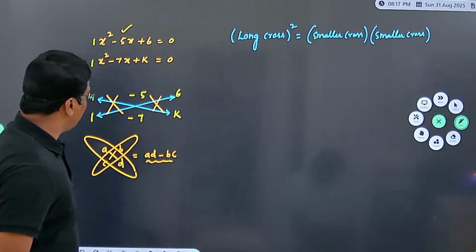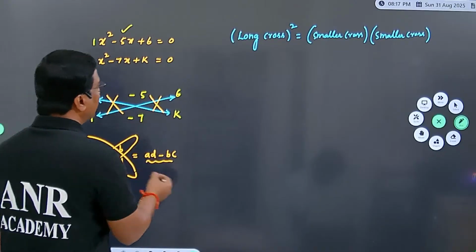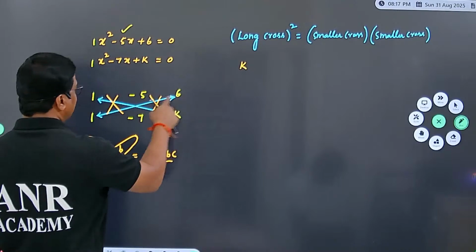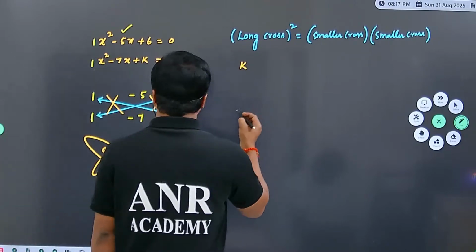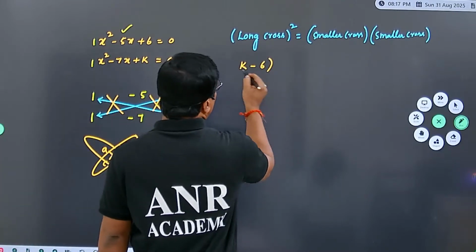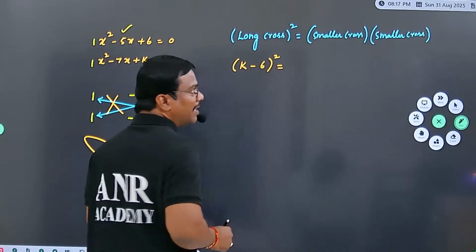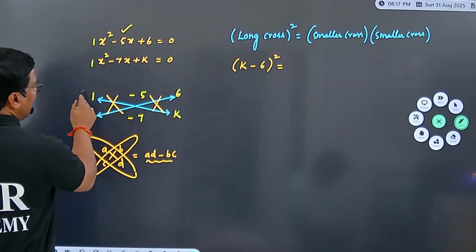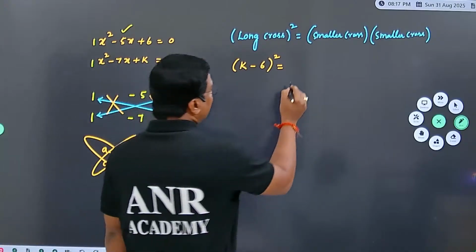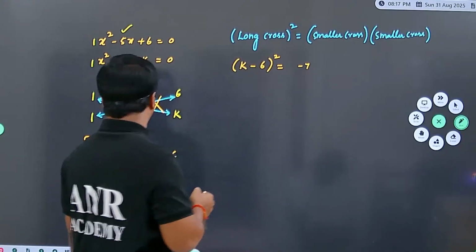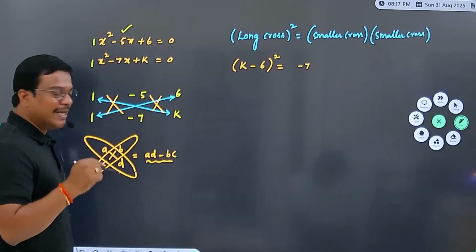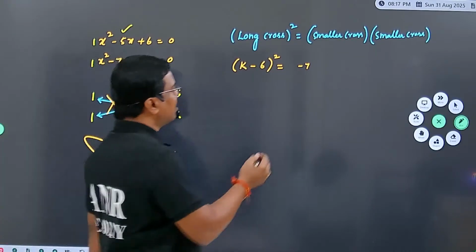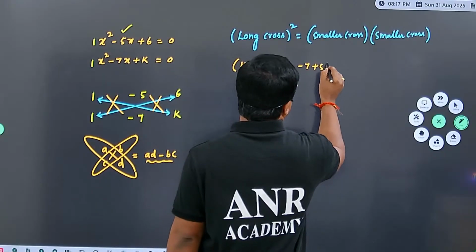Just long cross, 1 into k, in between them minus sign. Next long cross, here 1 into 6, k minus 6 whole square equals smaller cross. First smaller cross you have here 1 into minus 7, minus 7. Next 1 into minus 5, minus 5, but you have in between them a negative sign, so that becomes plus 5.